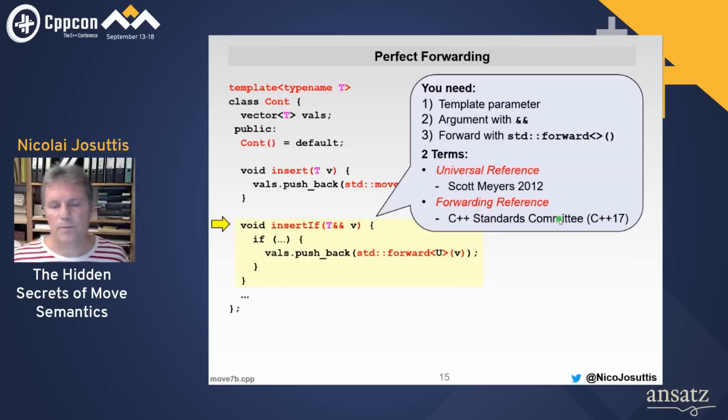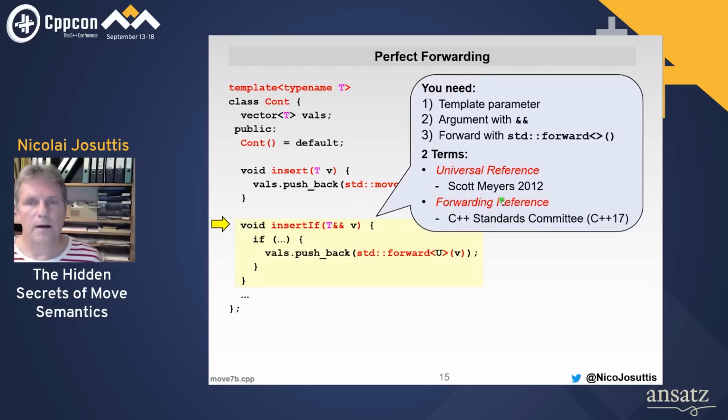We have enough problems with C++ with all the rules. Now, intentionally introducing two different terms just to confuse the audience and the people in the community even more, I think is a nightmare in itself. But as we can see, we still have the books of Scott Meyers about universal reference, and forwarding reference is used.